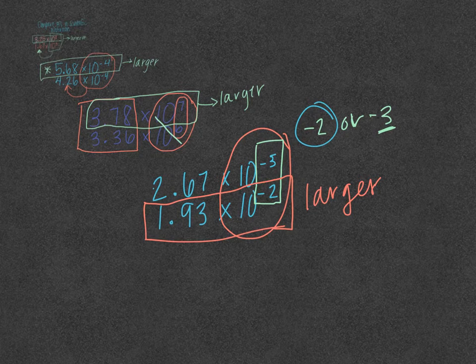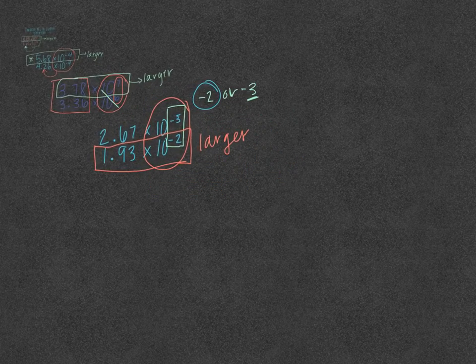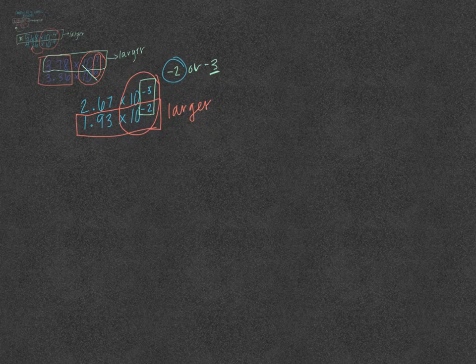All right, we're going to do one example of how to order multiple numbers. Okay, so let's say we have 326,000.